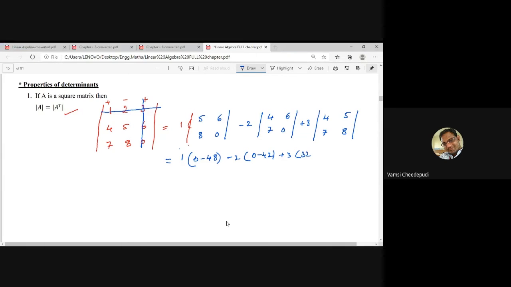Can I write one more step? 32 minus 35. So it is minus 48. So this is minus times minus, it will become plus 84. And this is 3 into minus 3, so this is minus 9.